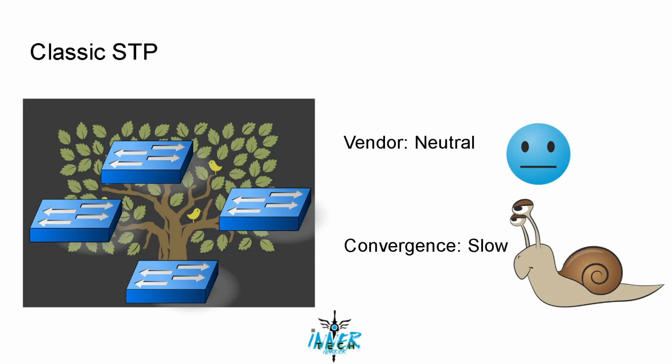There are other types of STP, which include Classic STP, which is the original standard version of STP, which is vendor neutral, meaning it works on Cisco devices, Juniper devices, etc. This version has slower convergence when the network changes.